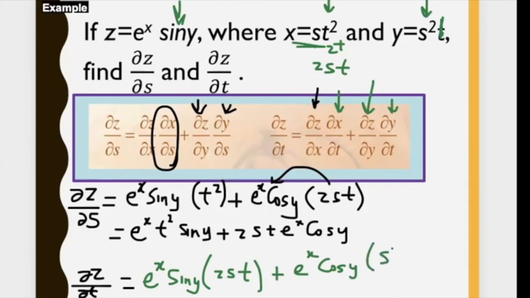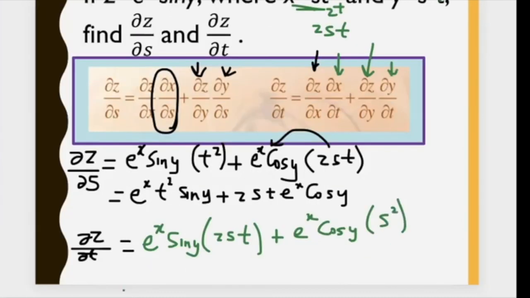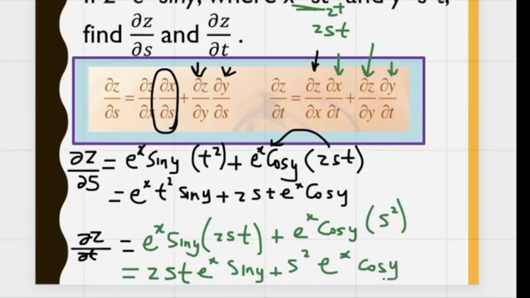So I'll have an s squared here. So what I have here, I can write as 2st e to the x sine y plus s squared e to the x cos y. And that's it.